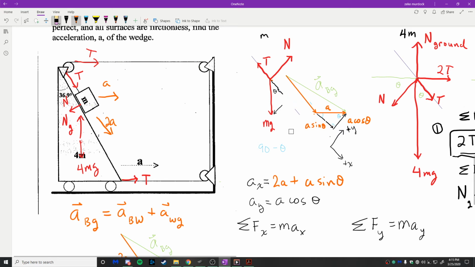We can move that right here. And then mg ends up getting broken down into a vector that goes parallel to what we call the x-axis, and a vector that's parallel to what we call the y-axis. This component should be mg times the sine of theta. This component should be mg times the cosine of theta.